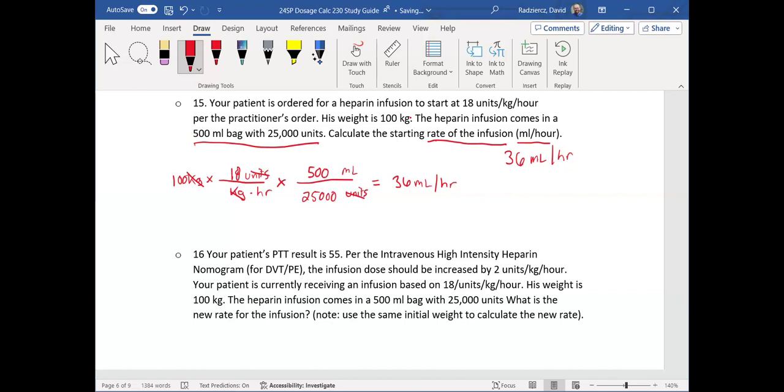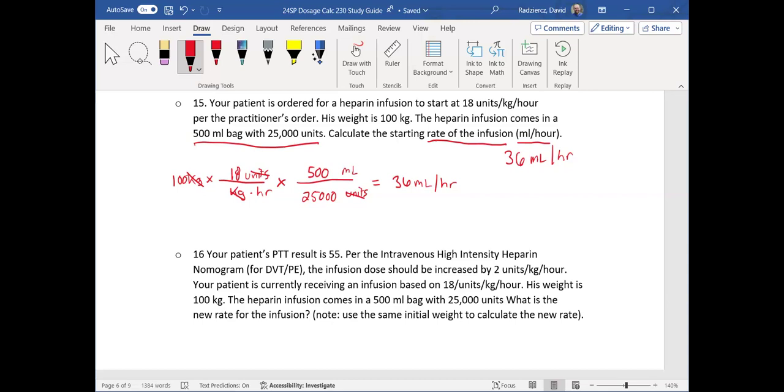So for the next question, we're using the same information, but now it's telling us to increase the rate of the infusion. They're already on 18 units per kilogram per hour, but now they want you to step it up. If you haven't solved this yet, because I've only received 2 answers so far, what would be the new units per kilogram per hour if I increase it by 2 units per kilogram per hour?